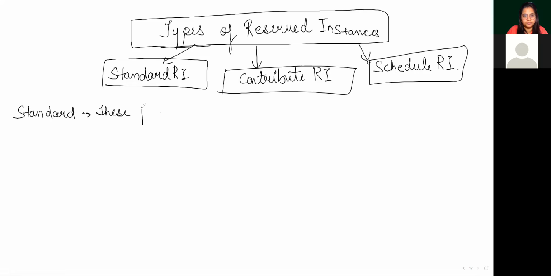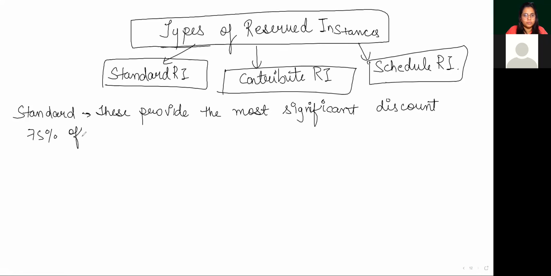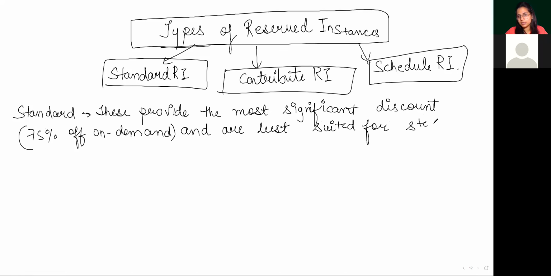These provide the most significant discount, that is 75% off on demand, and are best suited for steady state users.